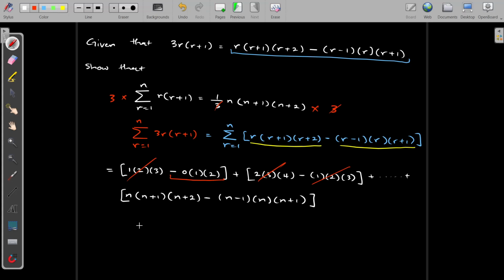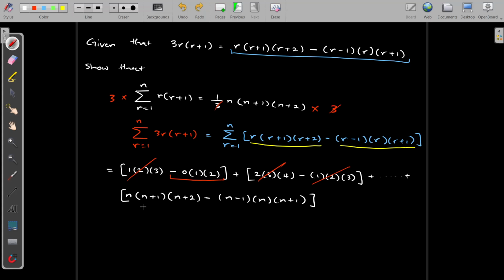So we would need the term before this one to see what actually cancels out. But based on the pattern that I'm seeing here, this will cancel. But if you aren't too confident, you could test it.